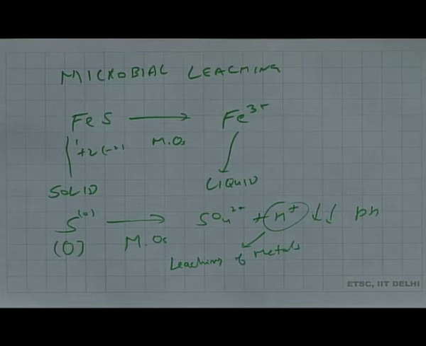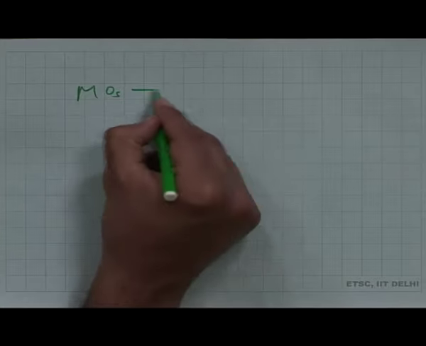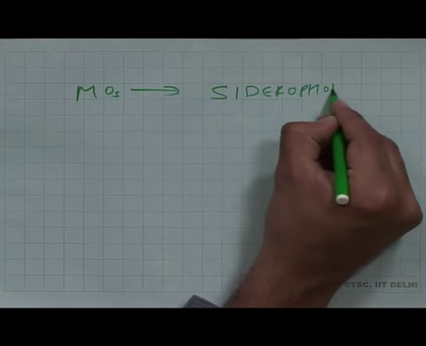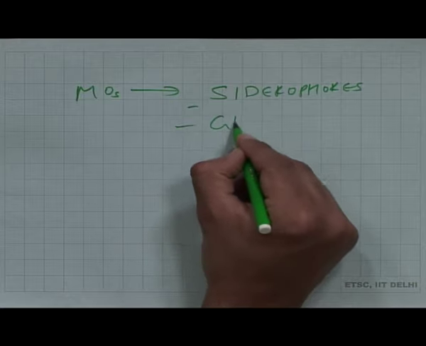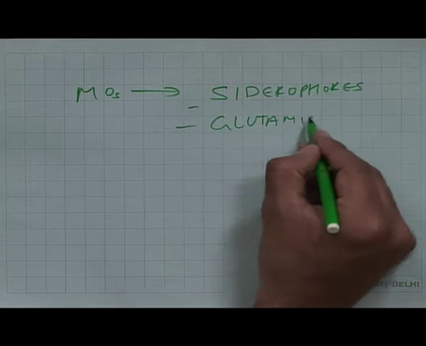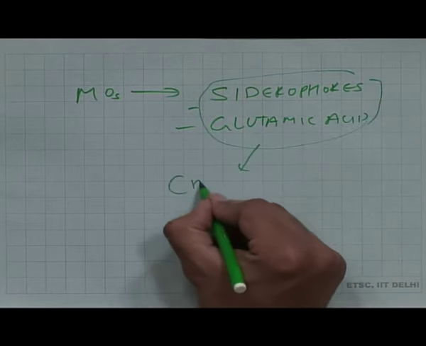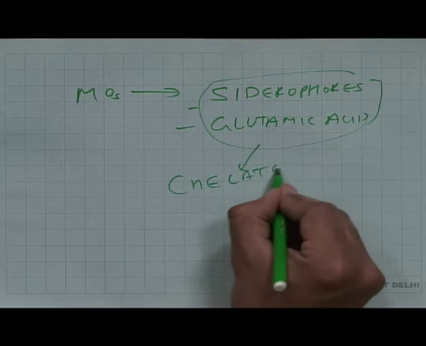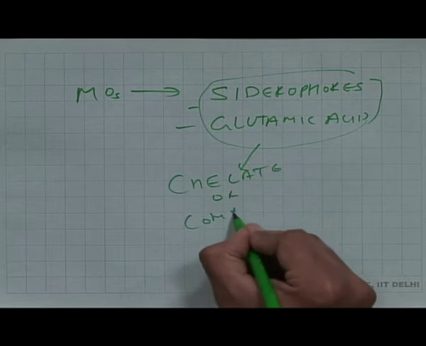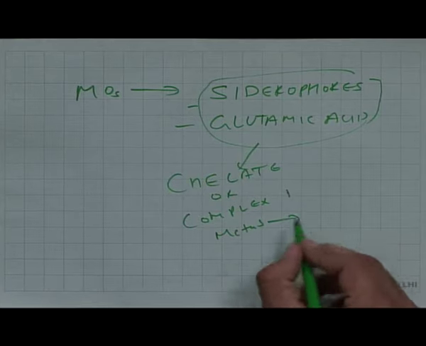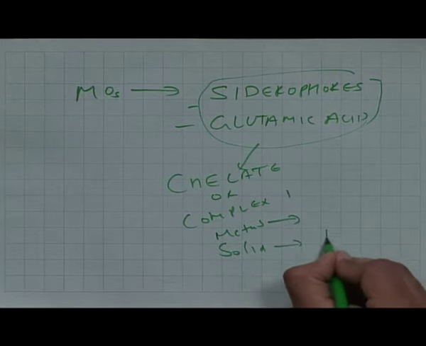This is one of the ways microorganisms can leach. Another way of leaching is not just chemical reaction, but microorganisms (MOs) can produce molecules called siderophores, or glutamic acid, the one that we just discussed, and these can chelate or complex metals and bring those in from the solid to liquid form.